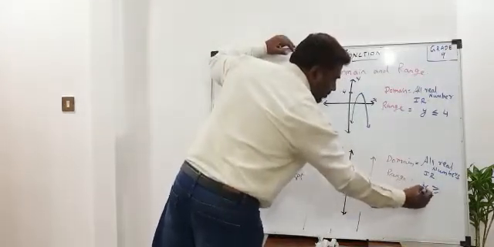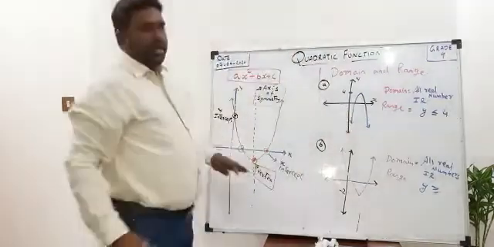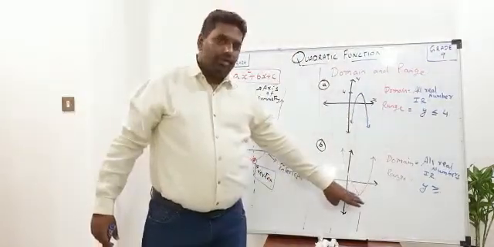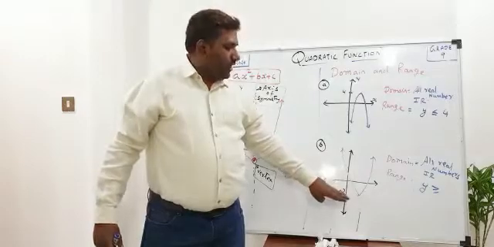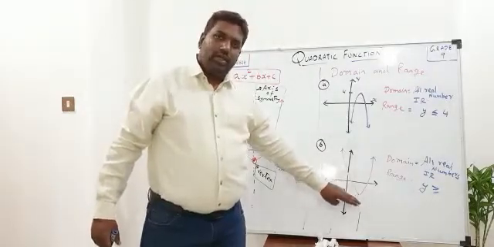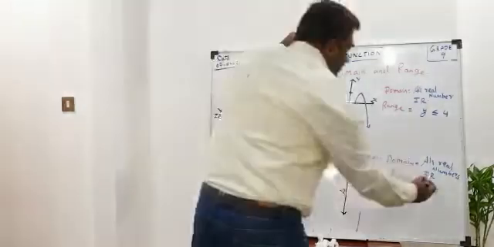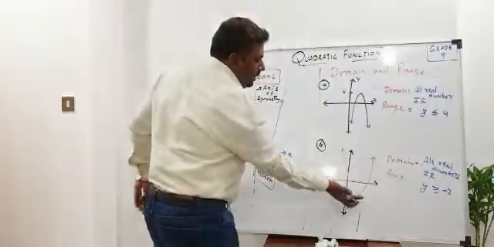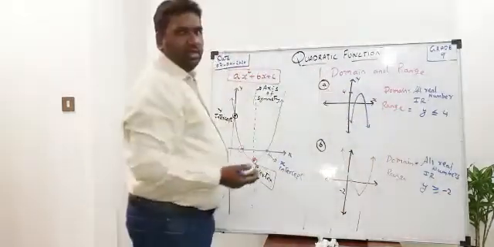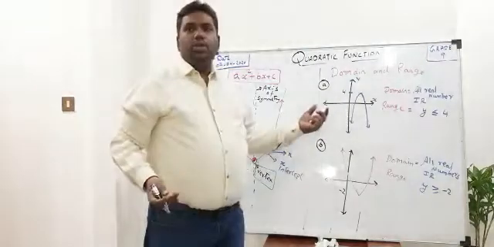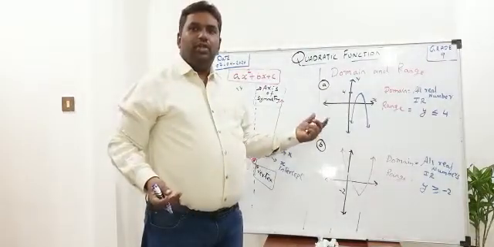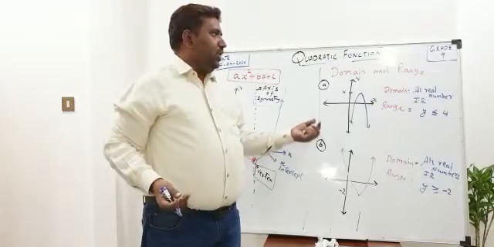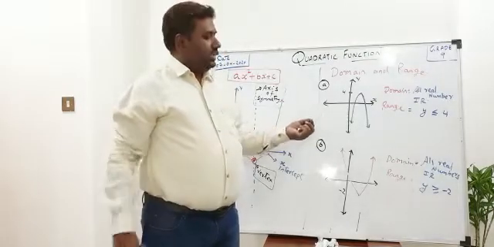The y value is going to be greater than or equal to, from where? From the lowest point. And what's the value of y at the lowest point? -2. So we can say the range is y greater than or equal to -2, because starting from -2 and going upwards. Okay, so this is how you have to define the domain and range whenever a graph is given.